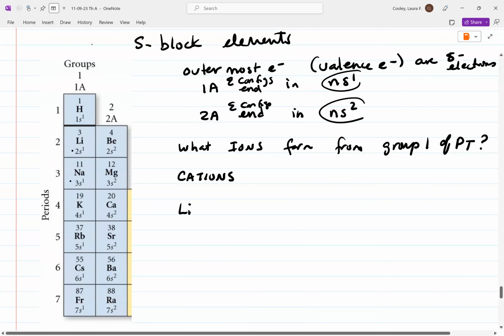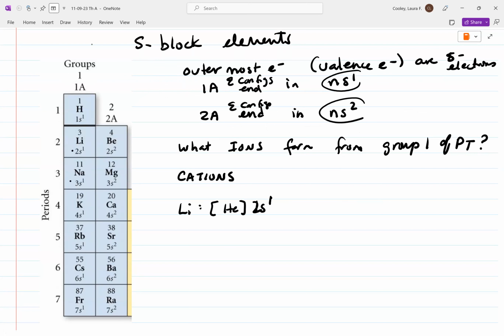So take lithium, which has an electron configuration, helium 2s1. And now you remove an electron and you end up with a positive charge, and the lithium ion has the configuration that is just helium because this electron is removed. And this happens for every single element in group 1 of the periodic table.